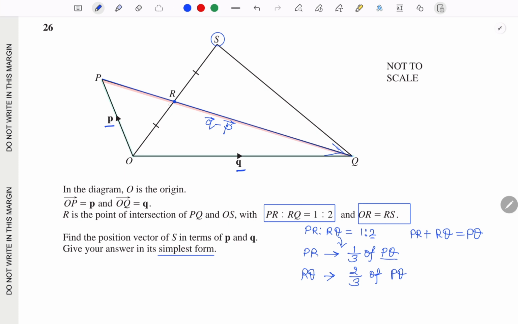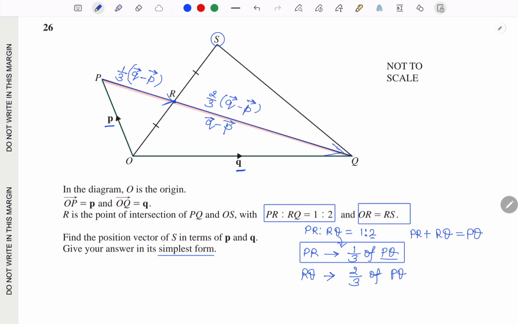So here, if someone tries to write this PR vector, we know that PR is just 1 by 3 of PQ, so it will be equal to 1 by 3 (Q vector minus P vector). And the RQ vector will be 2 by 3, because RQ is 2 by 3 of PQ. So RQ vector will be 2 by 3 (Q vector minus P vector).